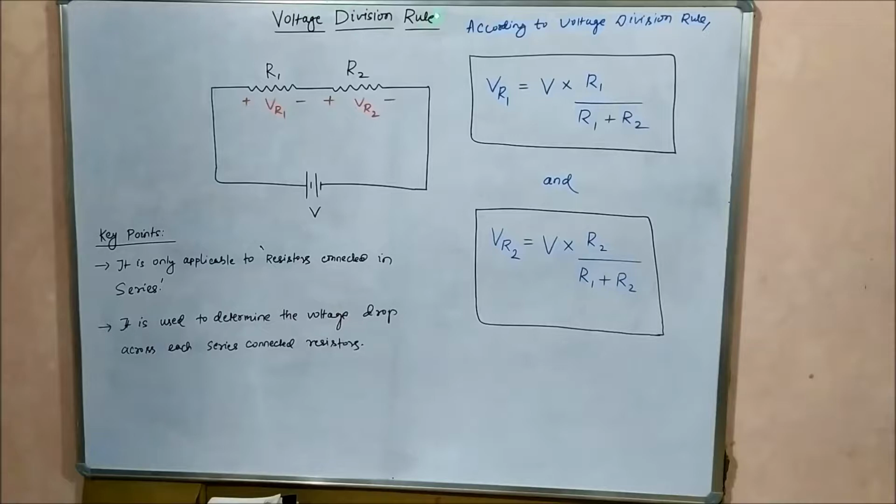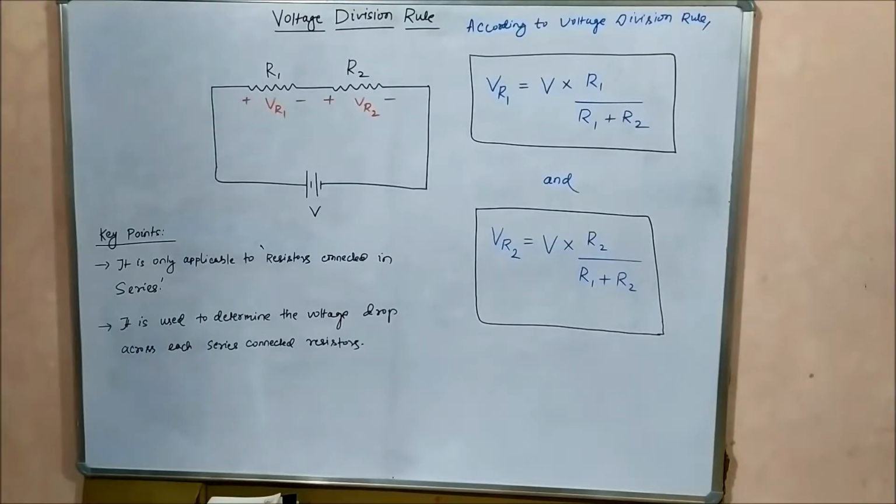In the current division rule we studied that it is applicable only for parallelly connected resistors, that is resistors connected in parallel, and is used to determine the currents flowing through each of them. In a similar way, the voltage division rule is applicable only for series connected resistors.